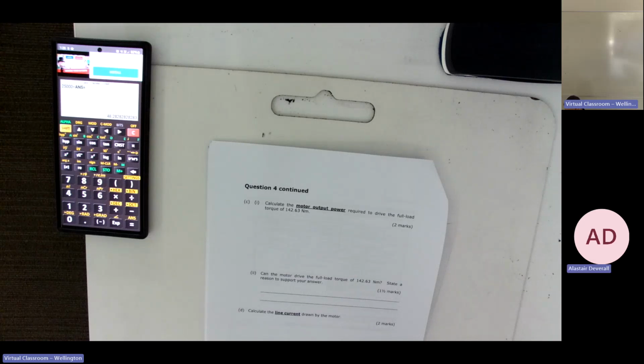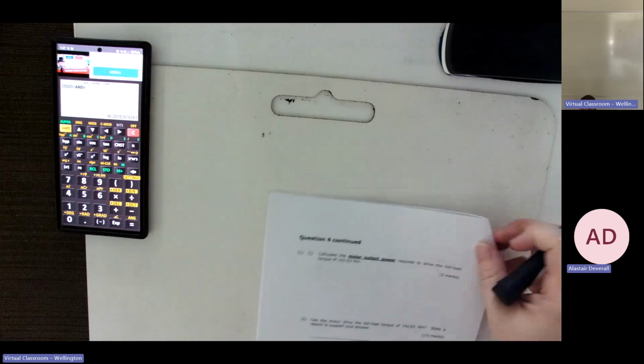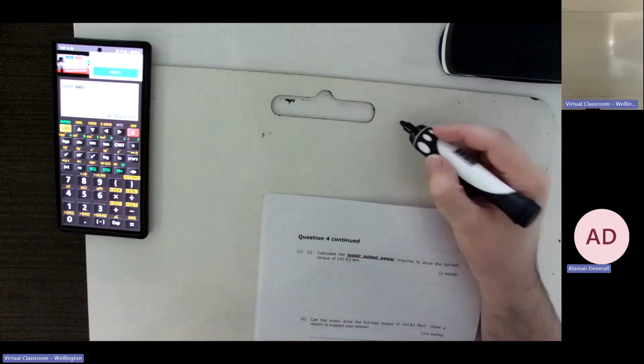We are working with, so we have our formula now, which I was trying to remember.